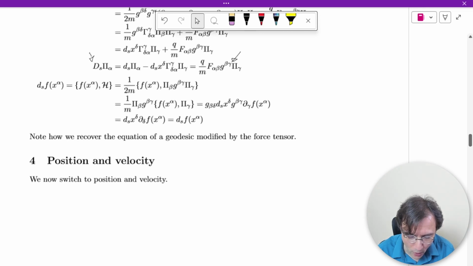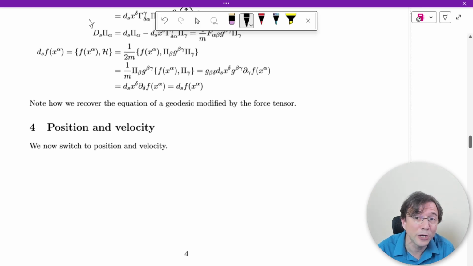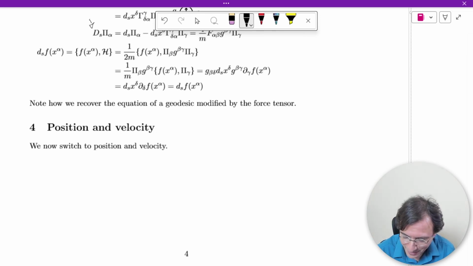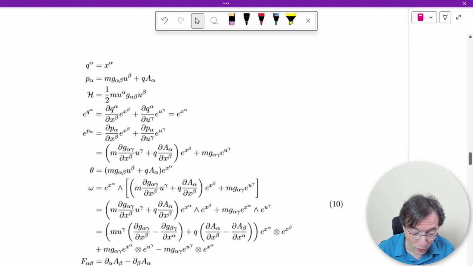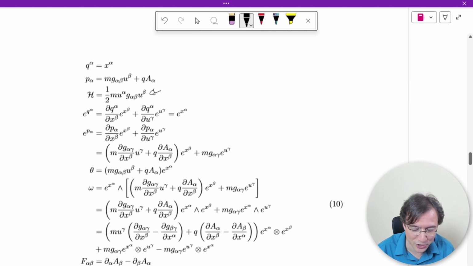And now what is even more interesting to me is redoing this work. Instead of using position and kinetic momentum, write everything in terms of position and velocity. If we do that, you get that the Hamiltonian constraint is essentially the norm of the velocity, and the norm of the velocity is c squared.